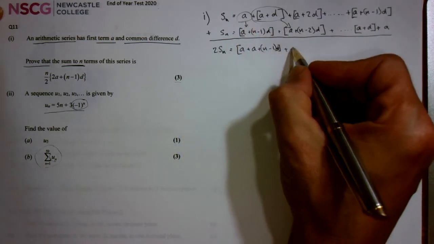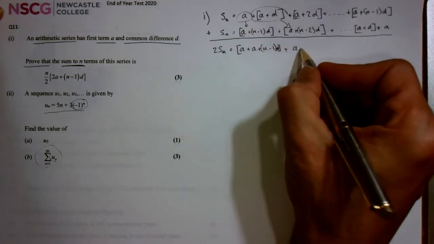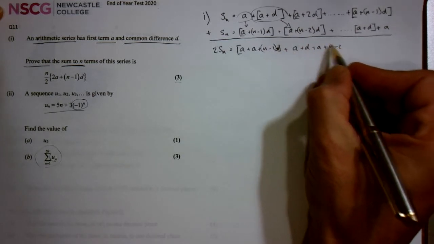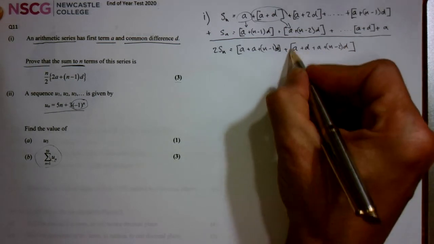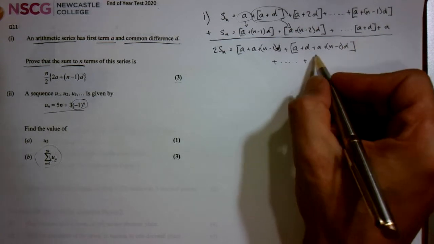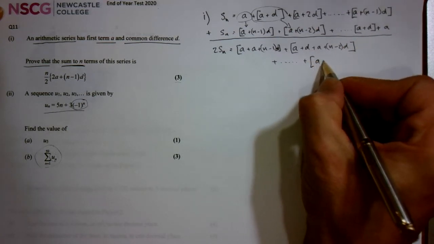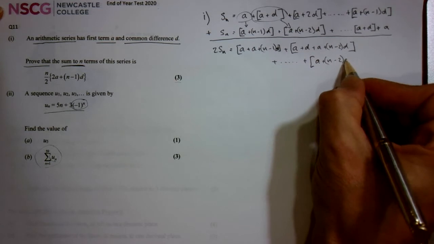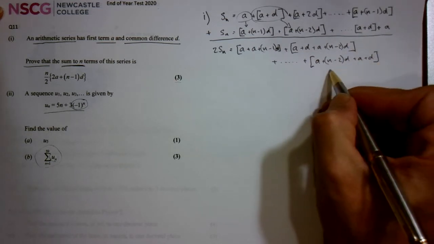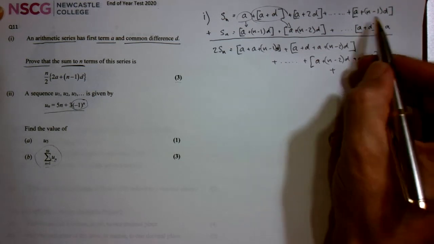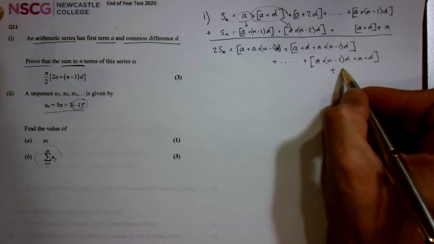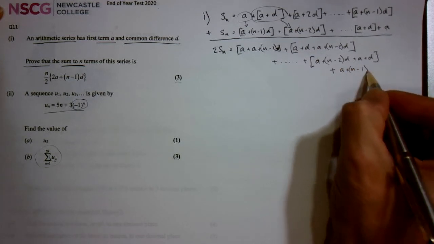Then next I'm going to add these 2 terms up, which is a plus d plus another a plus n minus 2 d's, plus dot dot dot all the way up to my last couple of terms, which will be a plus n minus 2 lots of d plus an a plus a d, and then finally plus the last term, which is this one and that one, so a plus n minus 1 lots of d plus another a.